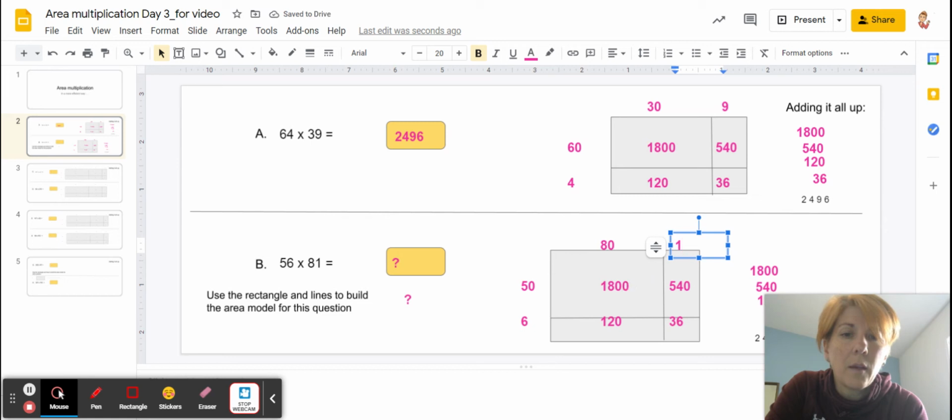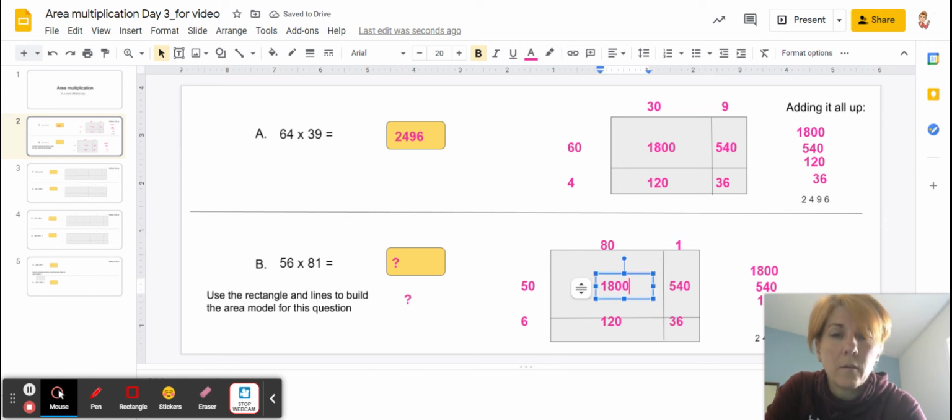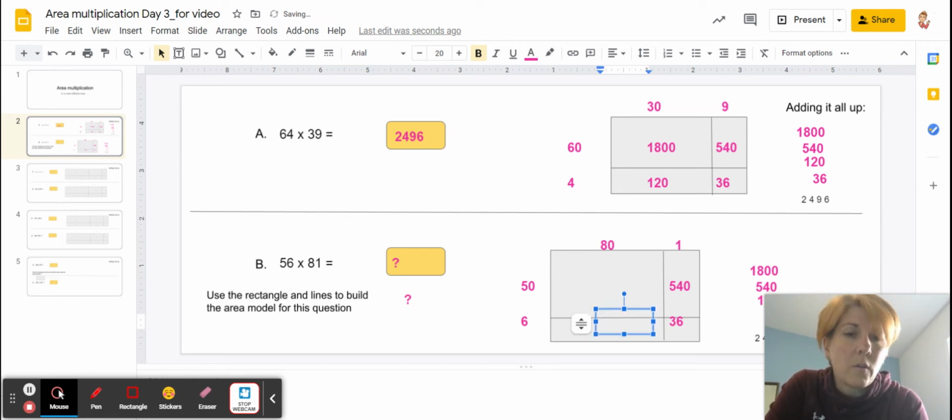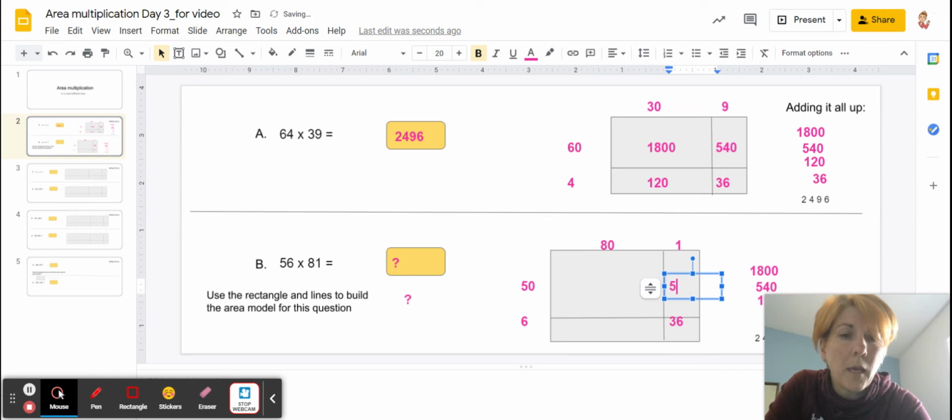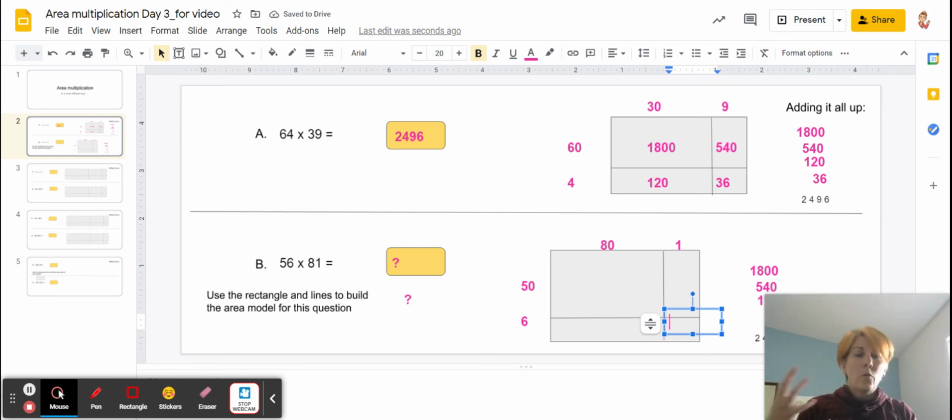Okay, and then I would have to change what's in here. Okay, so I would figure out what each of those sections are by multiplying, and then I could do my totals. Okay, and then figure it out. So I wanted you to think a little bit more about how each of these is structured, and yeah.